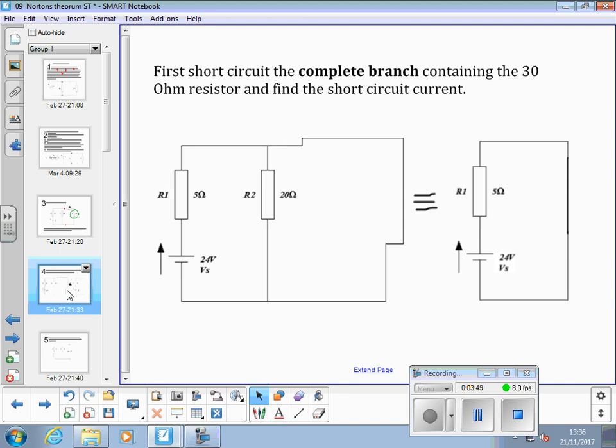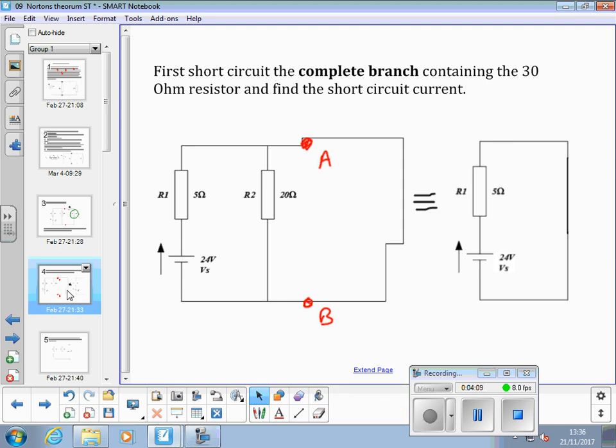So we short circuit across the two terminals. Okay, so our two terminals A and B are going to be there and there.